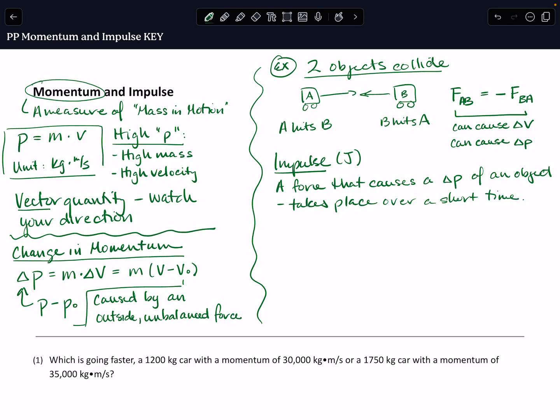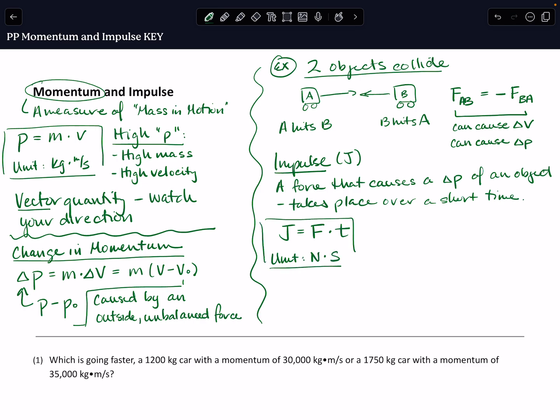All right, so to calculate the impulse that is causing this change in momentum, we need to know the value of the force, and we need the time over which it is applied. All right, and so our unit for impulse is going to be a Newton times a second.